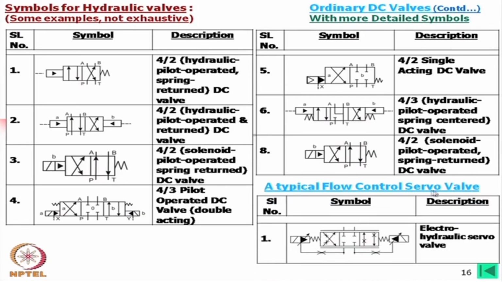Now, in case of a servo valve, you will find that with this arrow a flow control is also shown, because it is a variable orifice.